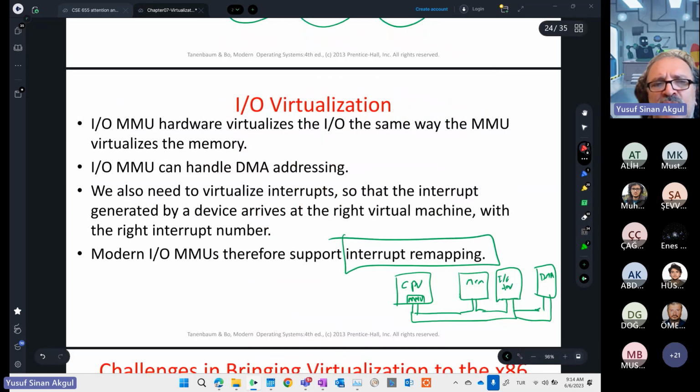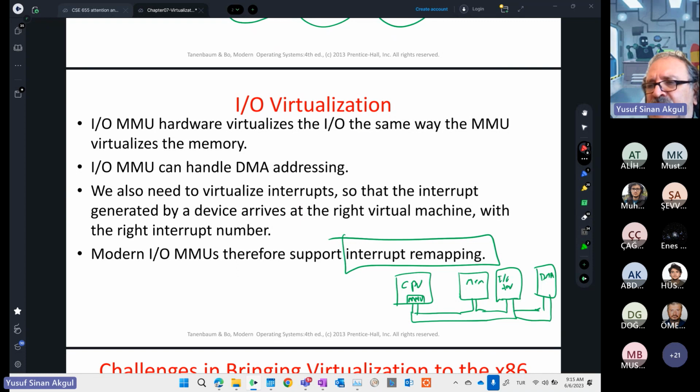It is the IOMMU. Remember the memory management unit? During the runtime it translates all the virtual memory addresses to physical memory addresses. Now I have the IOMMU. It virtualizes the I/O the same way as the MMU virtualizes the memory. And the IOMMU can handle DMA addressing. DMA chips know nothing about virtual addresses, they know the physical addresses.